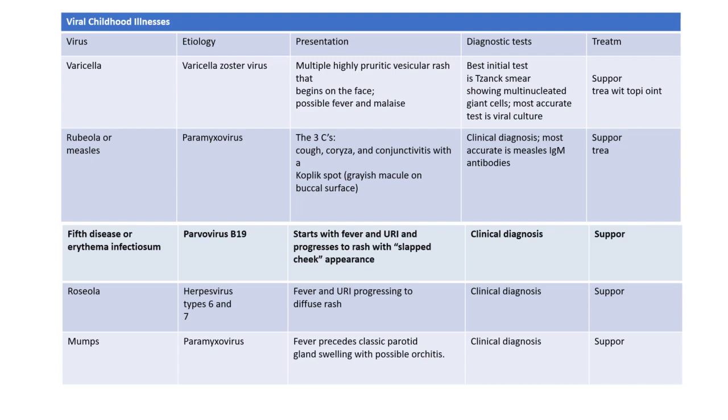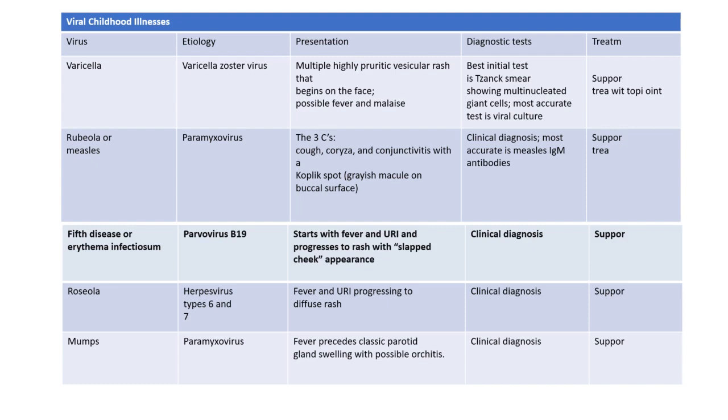Number 3 disease, this is fifth disease, or erythema infectiosum. It's caused by parvovirus B19, presents with fever, URI, which progress to a rash which is called slapped cheek appearance.